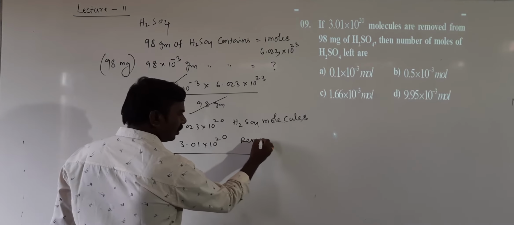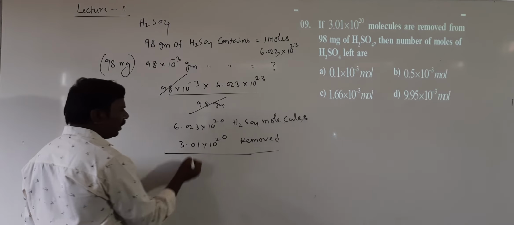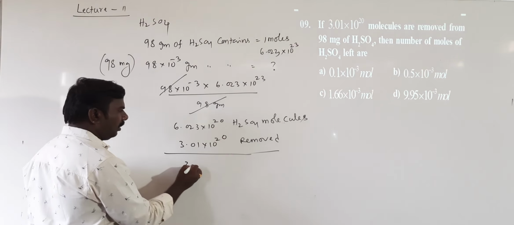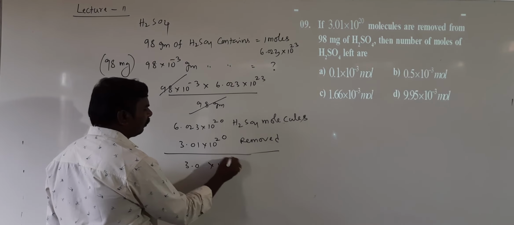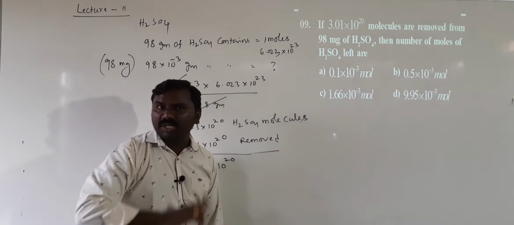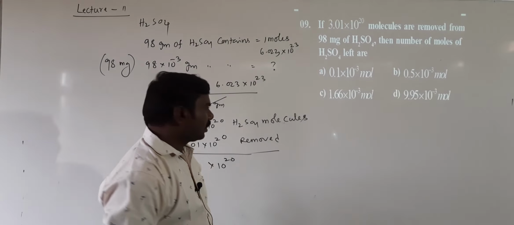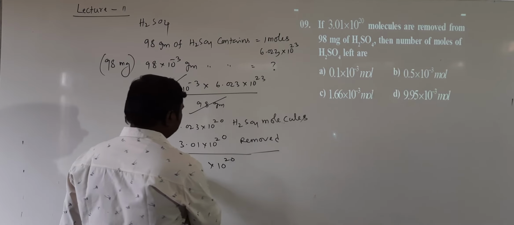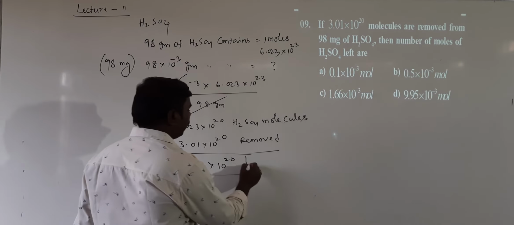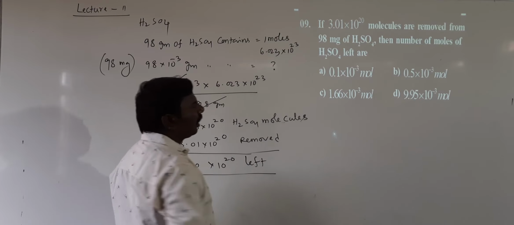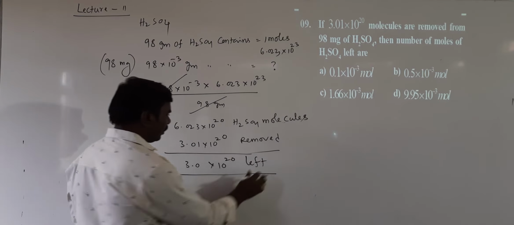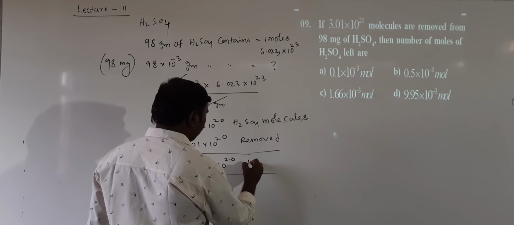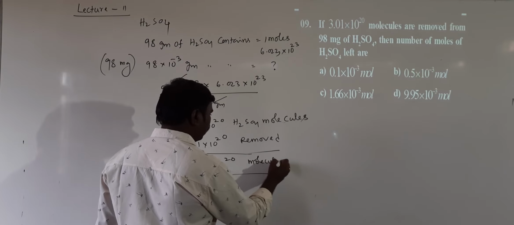After removal how much left? 3.0 something into 10 to the power of 20. 10 to the power of 20 is a common term, remember, you have to consider like this. Okay. So, these are molecules left.